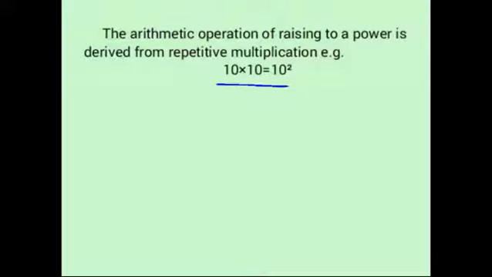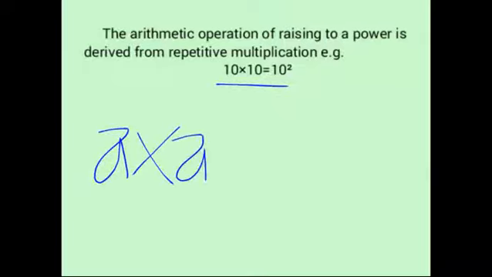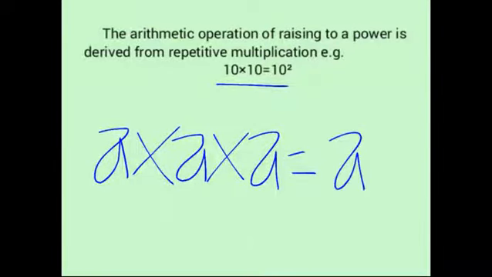You can have other examples. You can have a times a times a, which is equal to what? A raised to the power of 3, showing that a is being multiplied in 3 places.